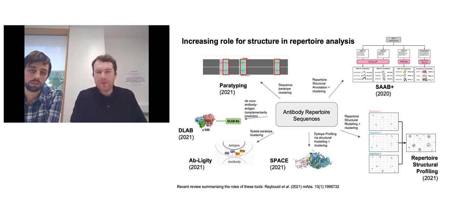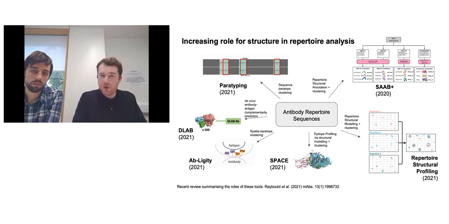Just to wrap up, with a very high level overview of lots and lots of different approaches, ranging from just exploring things in sequence space right the way through to full structural modeling. With advances in the availability of paired data, plus the accuracy and speed with which we can reliably model antibody structures, there's a growing role for different forms of structure-based approach to repertoire analysis.